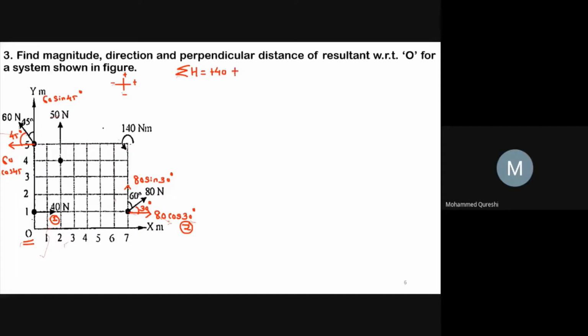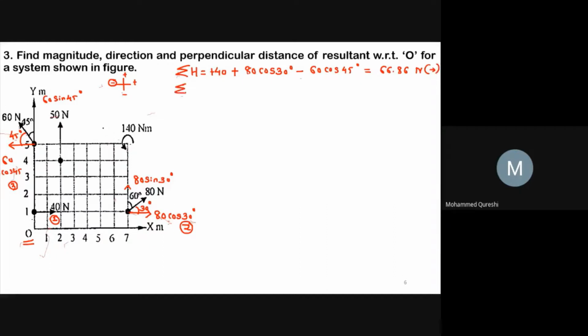It is also going towards the positive x-axis, so plus 80 cos 30 degrees. Then our third force is 60 cos 45, but it is going towards the negative x-axis, so I will consider minus 60 cos 45 degrees. After solving this, you will get the value as 66.86 Newton positive. Hence, I will denote it over the positive axis.